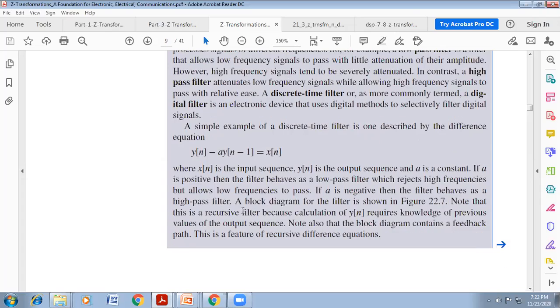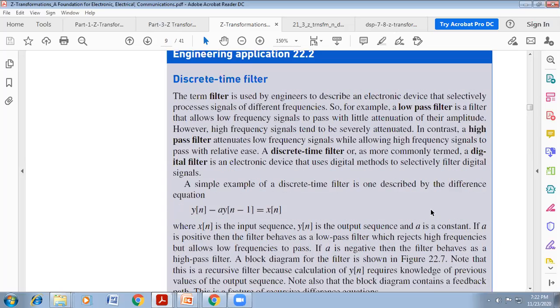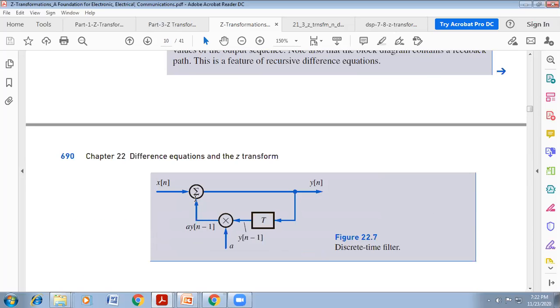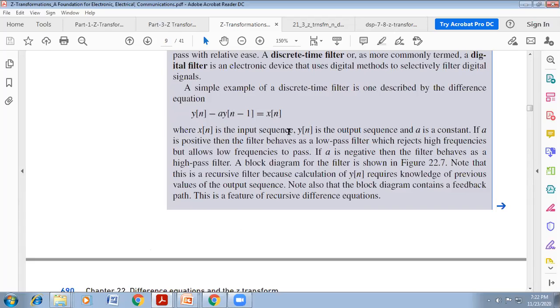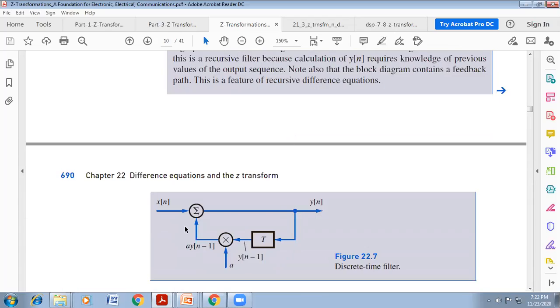So a block diagram for the filter is shown in 22.7. That means this difference equation can be represented by this block diagram. We have x[n] and a summation, and a y[n minus 1] term.